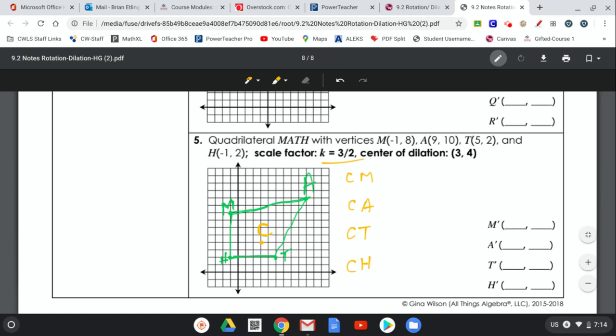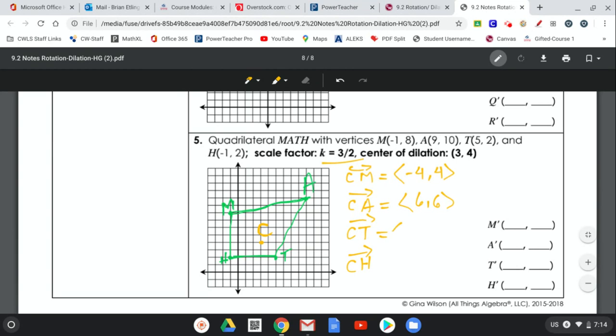So when we do that, these are all our vectors, okay? We have to figure out what they are. So CM is going to be -4, 4. CA is going to be 6, 6.